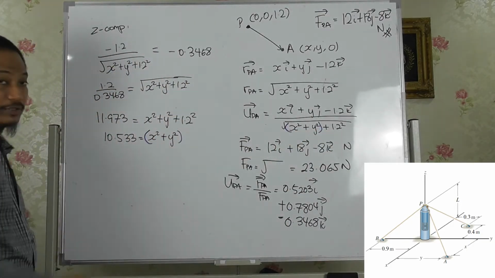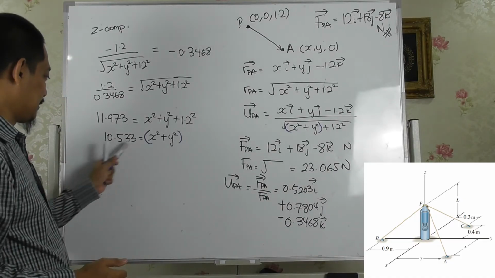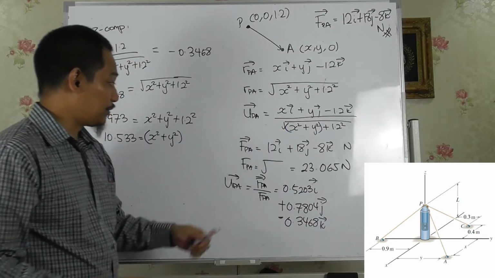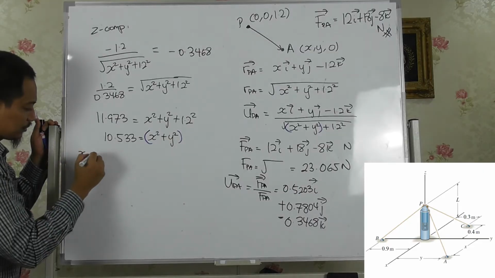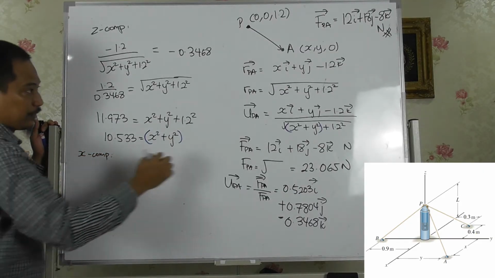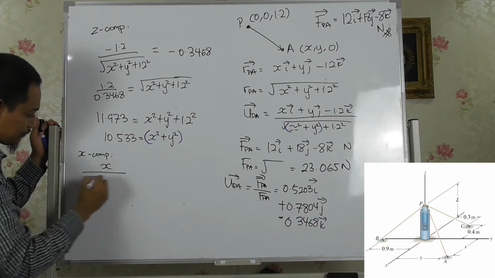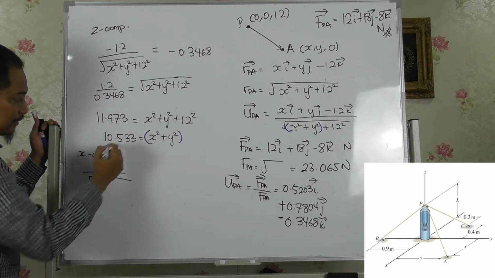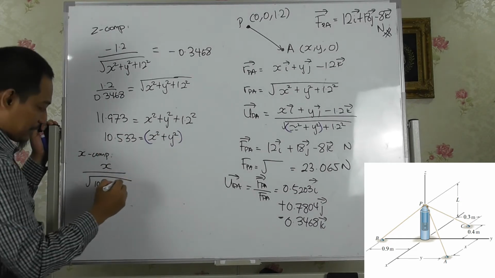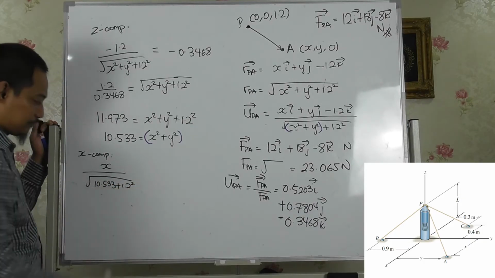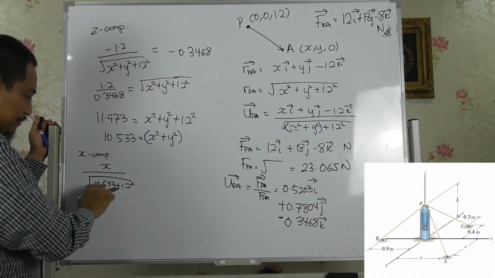Because we know this value already, so we can plug it in there. For the X component, we have X over the square root of the whole thing, but this here is 10.533 already, plus 1.2 square, because x square plus y square is 10.533 already.